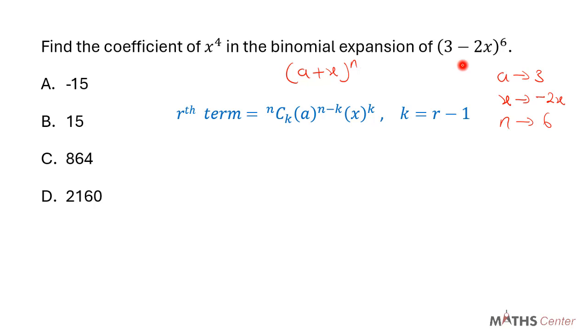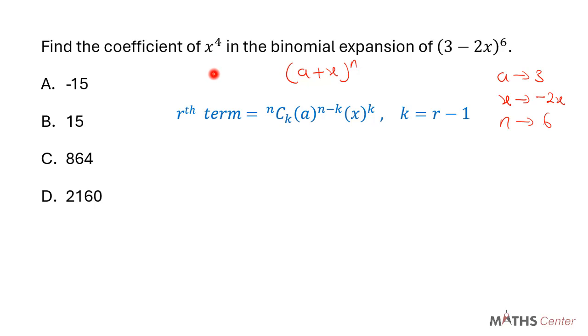In the second term, x will have an exponent of 1. In the third term, an exponent of 2. In the fourth term, an exponent of 3. And in the fifth term, an exponent of 4. So the term that will have x^4 is the fifth term.